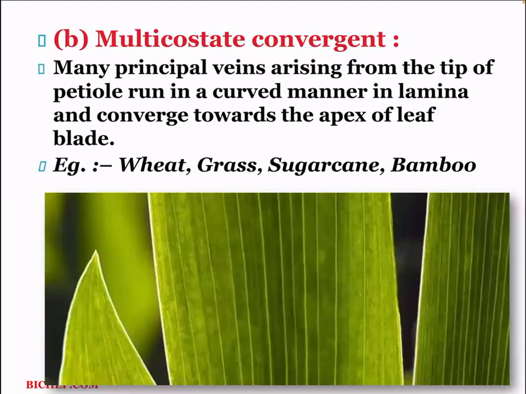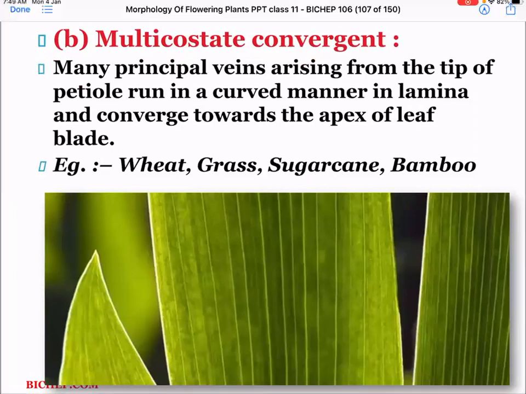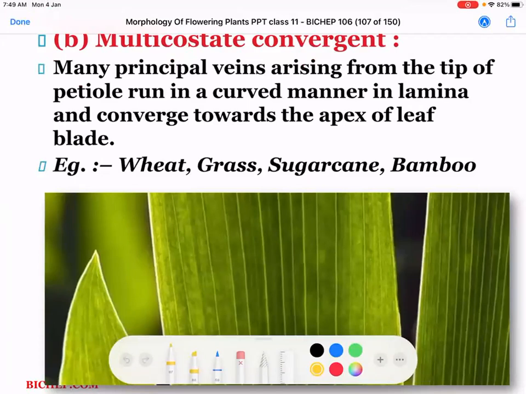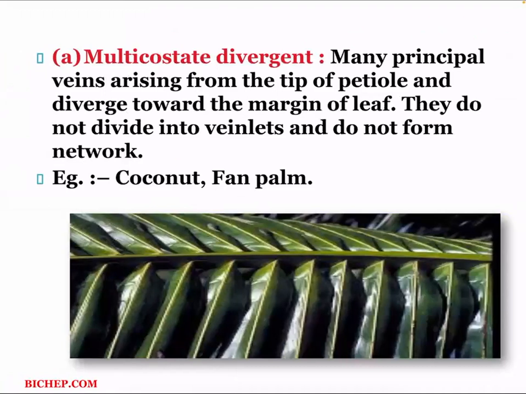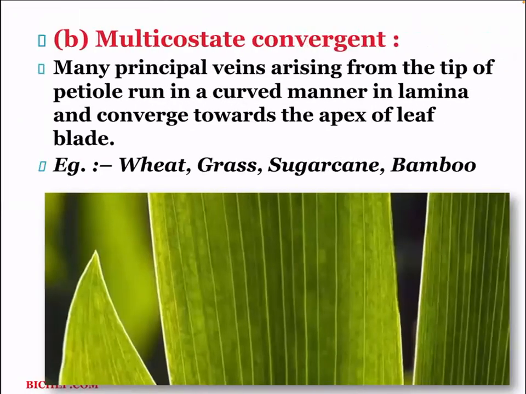Now multicostate convergent, which are merging at the end, at the tip of the leaf here. They are merging. So wheat, grass, sugarcane, and bamboo are the examples. Now please take the screenshot of this slide and this slide as well.